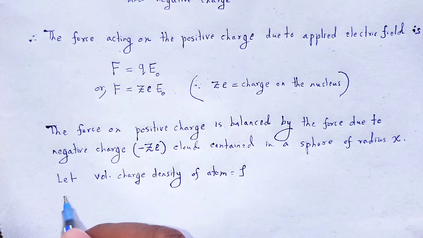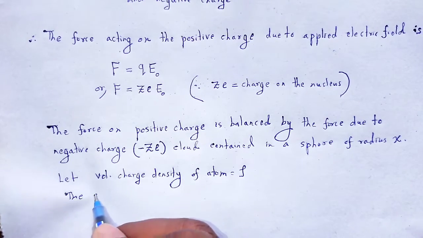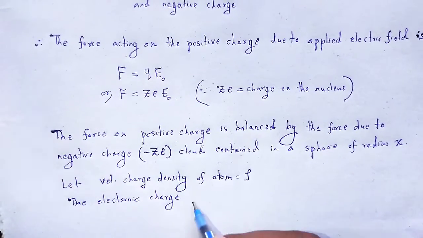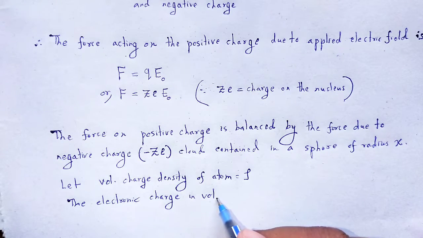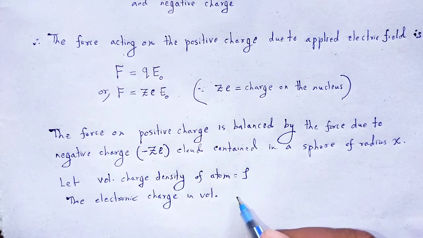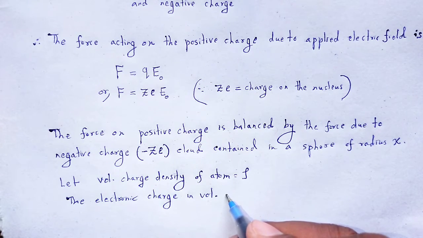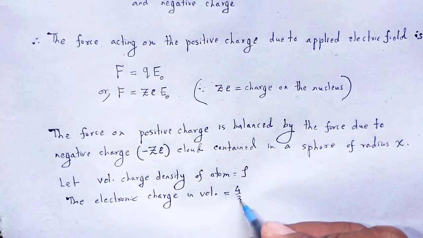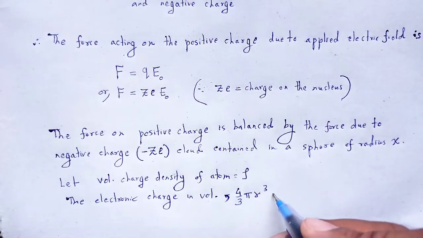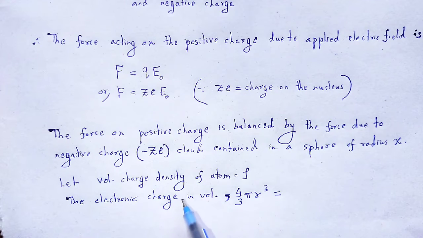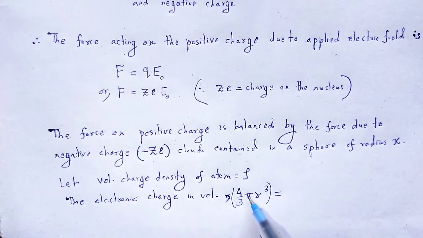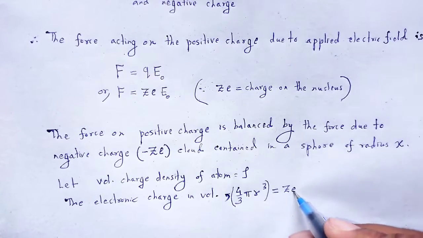The electronic charge inside that volume, the electronic charge in volume 4 by 3 pi r cube, is equal to the total charge contained in that volume: 4 by 3 pi r cube, total charge Z into E.